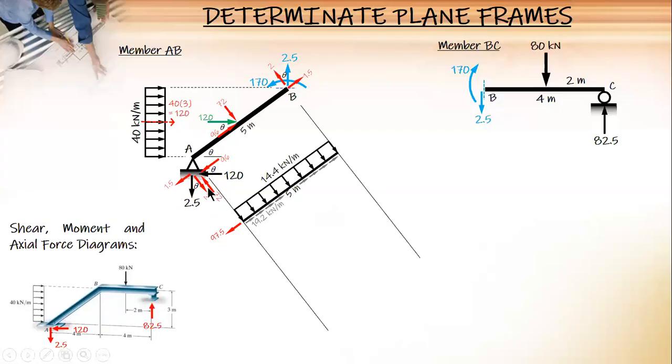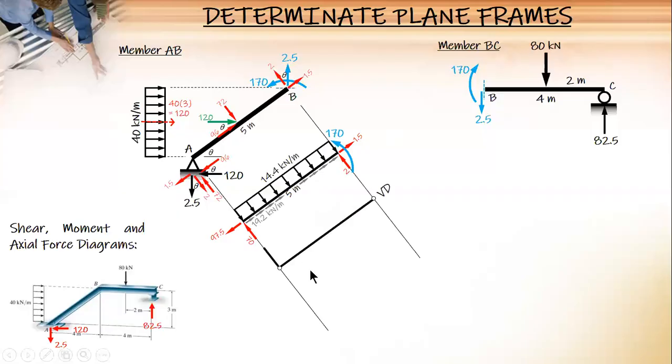And then opposite, we have a net of 70. And then at point B, 1.5 and 2, plus the moment of 170. Now you can draw the shear, moment and axial force diagrams.